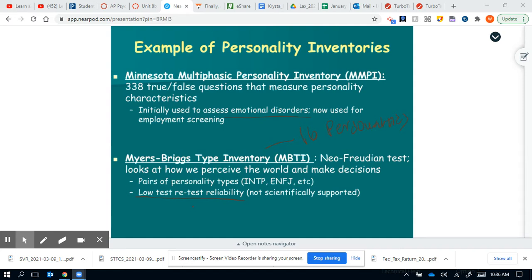Yeah, with reliability, it's when you take it multiple times, you get the same result. The Myers-Briggs only has 50% test-retest reliability, meaning if you take it twice within a 3-week period, you have a 50% chance of getting a different personality type the second time than you did the first time.